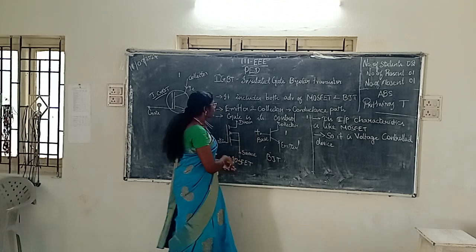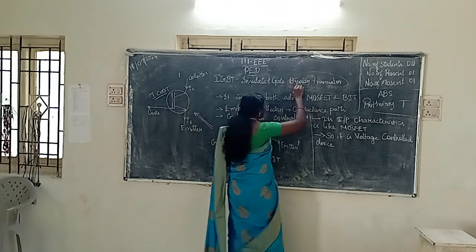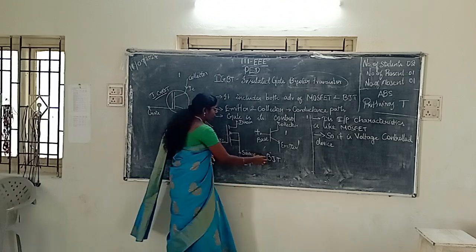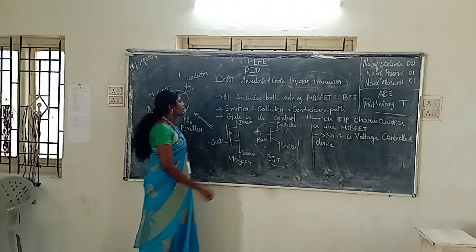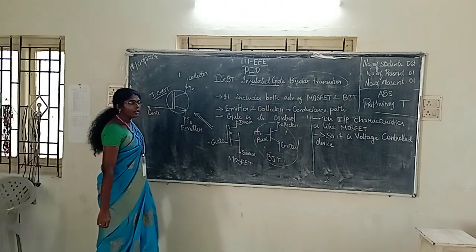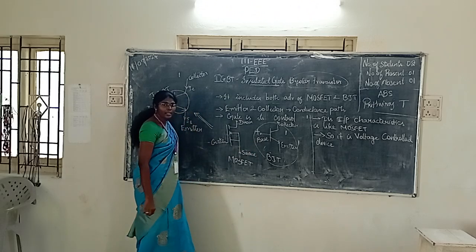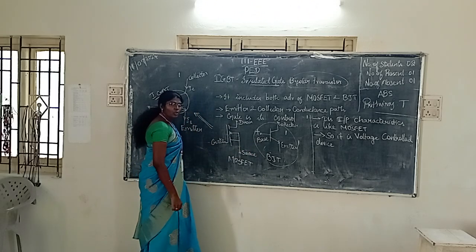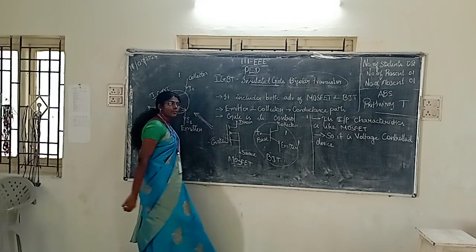Like this, these two are combined from the names. Which is the bipolar transistor? The BJT is the bipolar transistor. Next, insulated gate. Where is there a terminal called gate to control in the BJT? No. The gate is in the MOSFET.